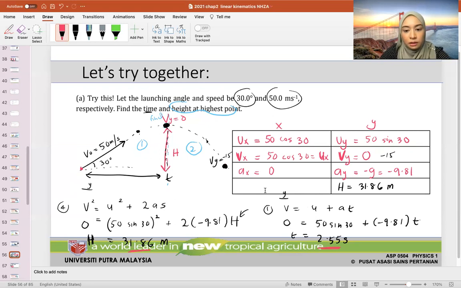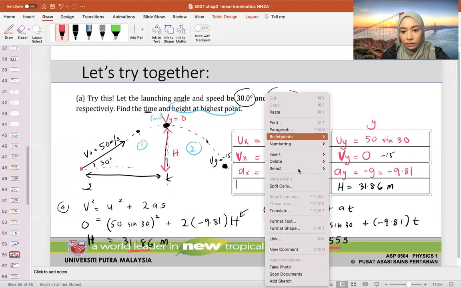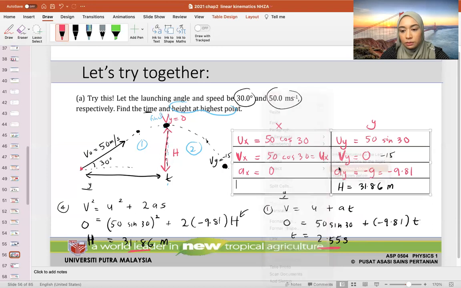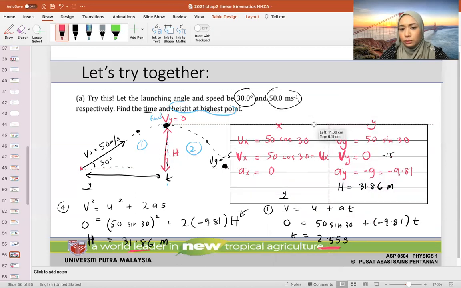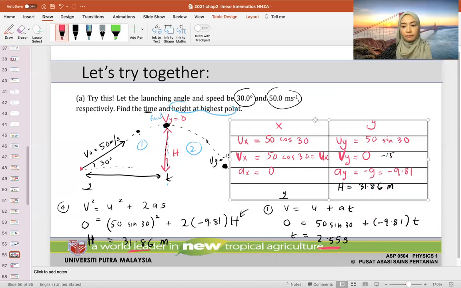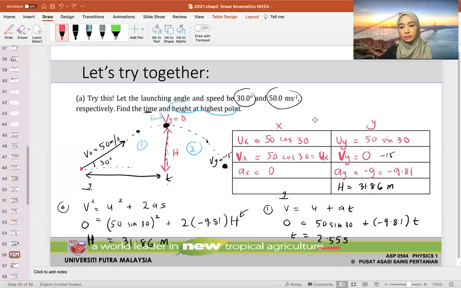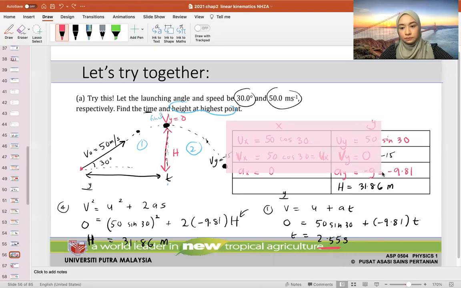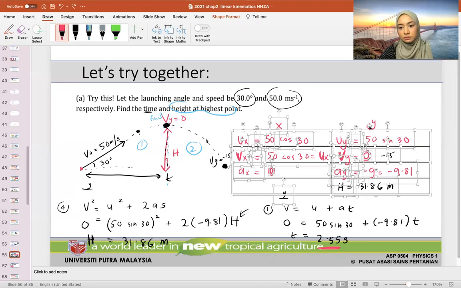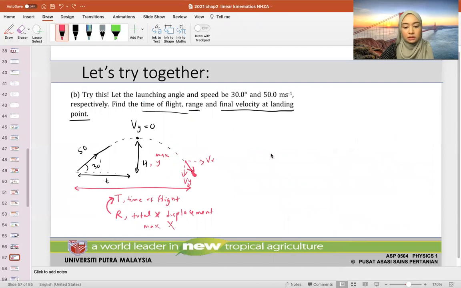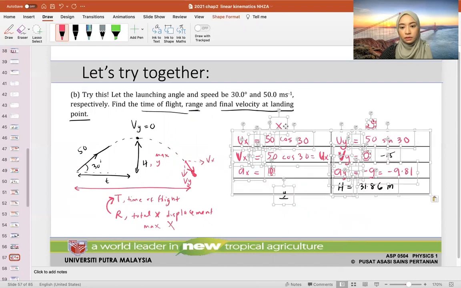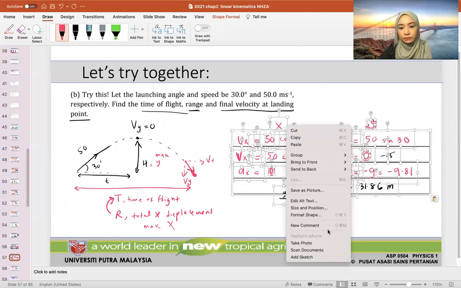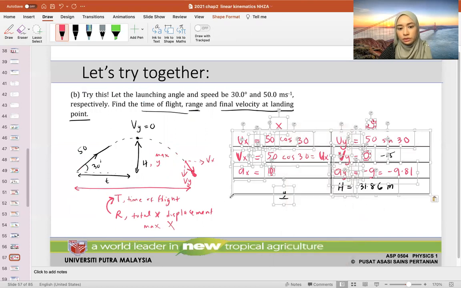So let me copy this to the next slide. Time, I need to add another column here. Insert rows. Nak kerja macam tu. Sekejap give me a minute. Saya tak boleh nak copy. Baikkan sekejap. So I'm going to group this. It's already grouped. That's so weird.